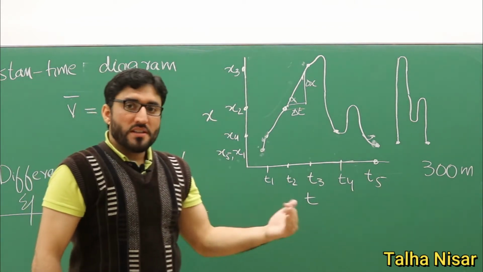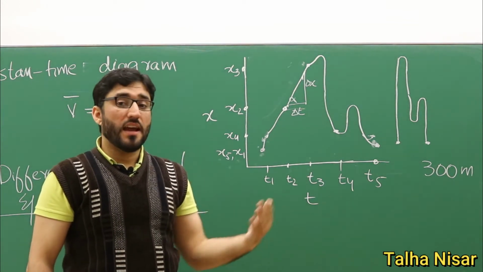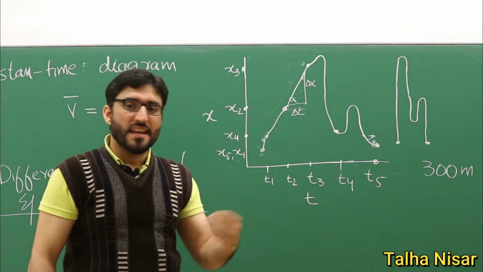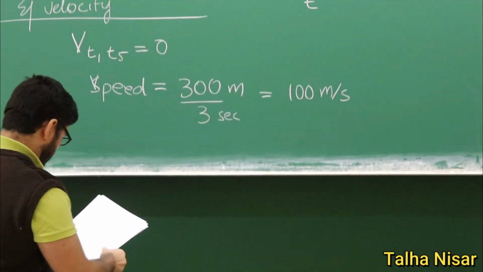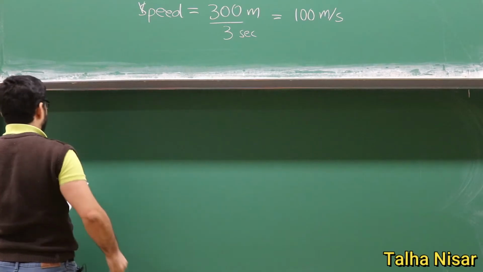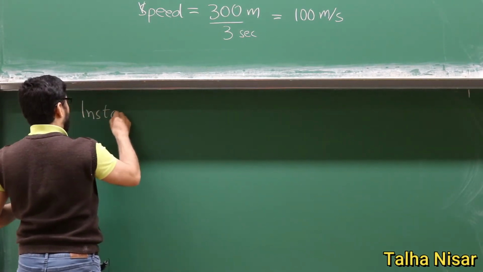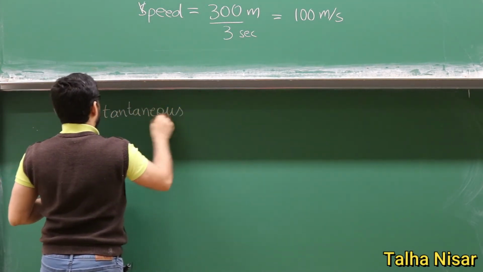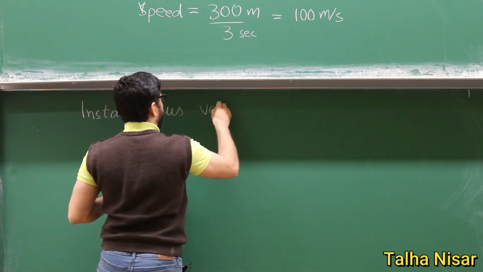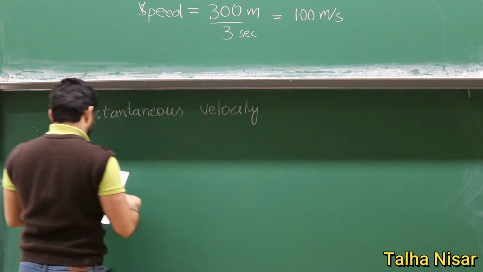If we want to know what's actually happening at each and every point, for that we will have to use the instantaneous velocity.